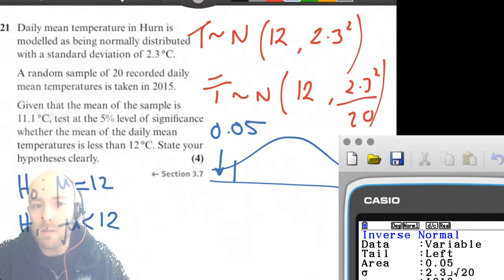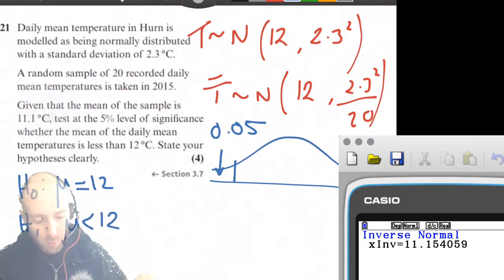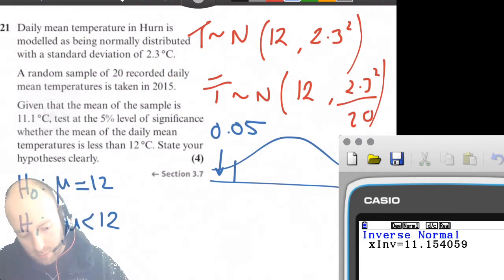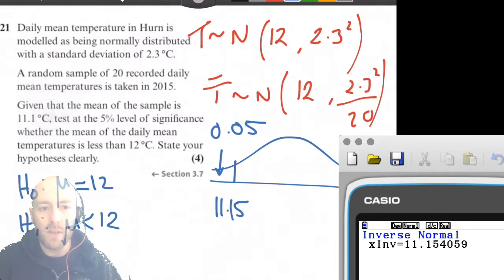Yeah, that's what I reckon too. And mu was 12. So we get 11.15. So that's our critical value. 11.15.